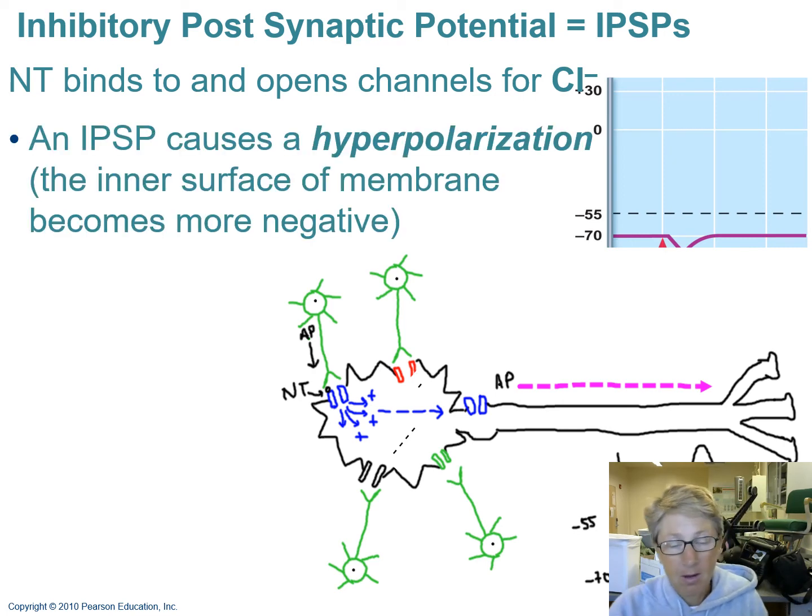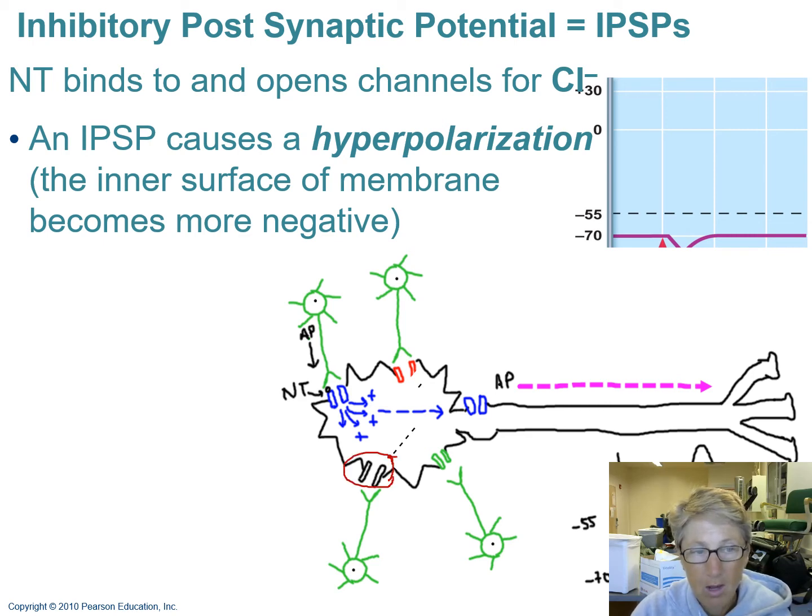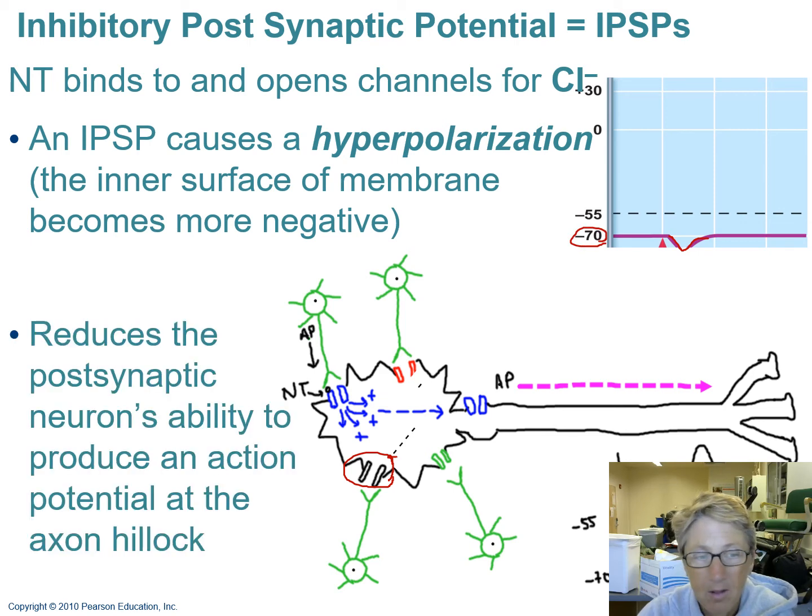If, on the other hand, a neurotransmitter binds to, let's say, a chloride ion channel, you can get an inhibitory postsynaptic potential. So you'll get a hyperpolarization, so the inner surface becomes even more negative than minus 70. If you get this inhibitory postsynaptic potential, that's going to reduce the neuron's ability to fire an action potential.